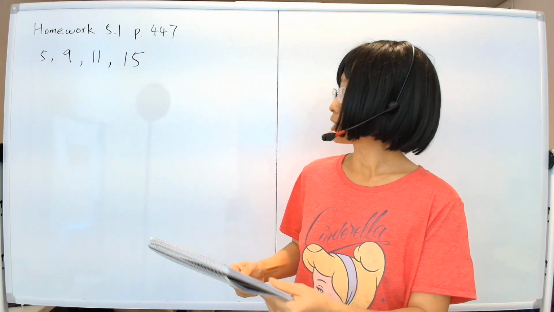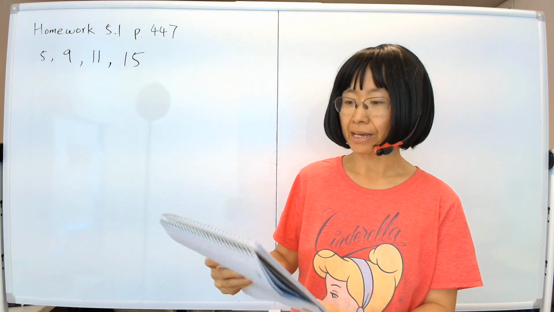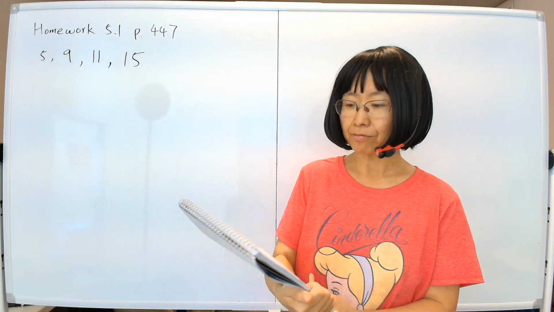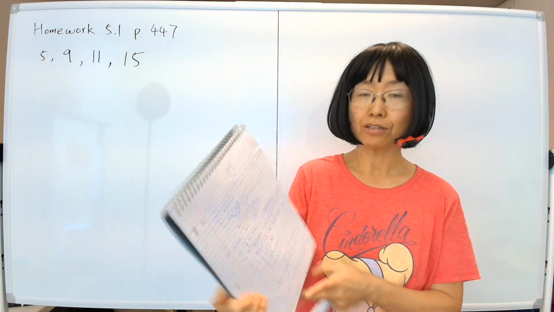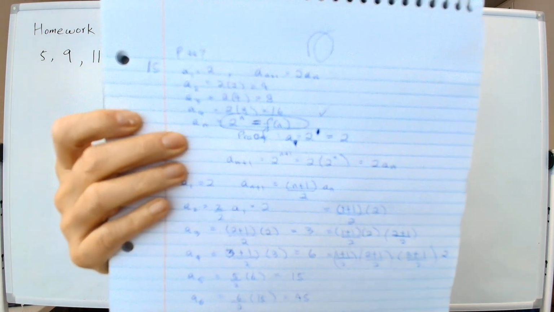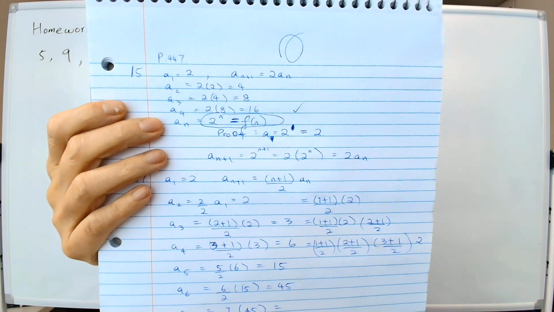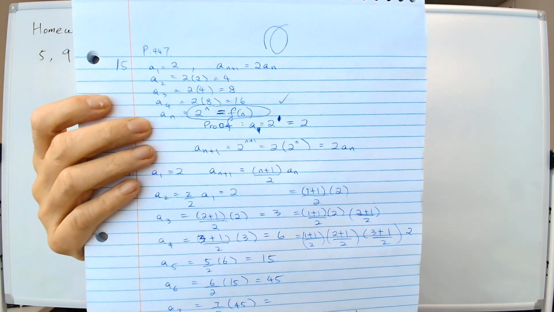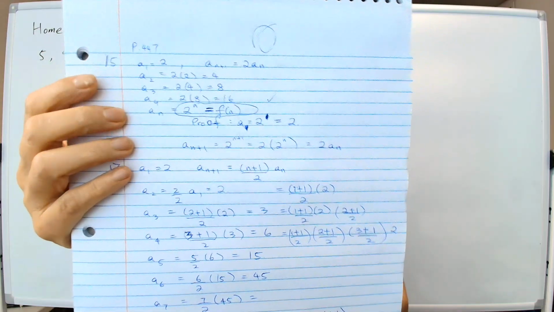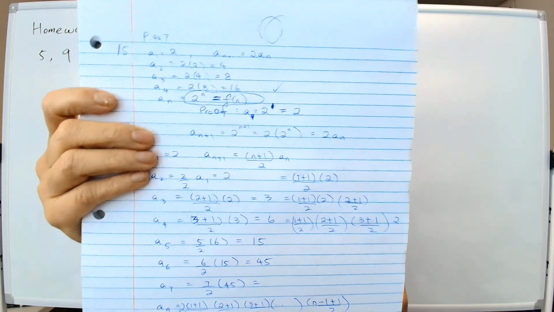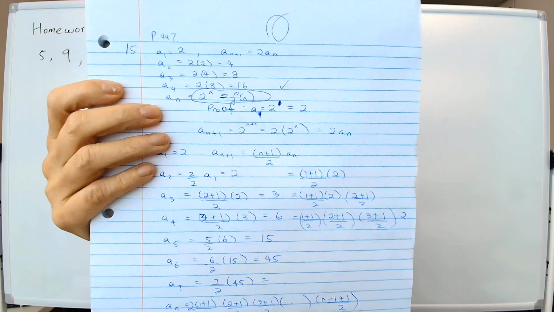Now next, let's look at problem 15 the same way. Now we're supposed to write the formula for the sequence, so we write out a few terms, and it appears that the formula is something like a_n is just 2 to the power n. However, just because it looks that way the first few times doesn't mean that it's necessarily the right answer.